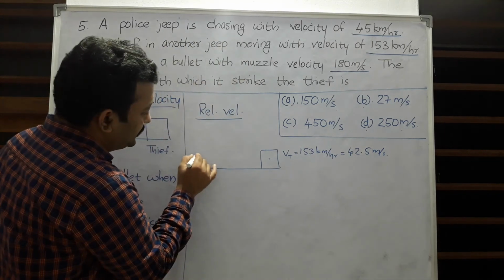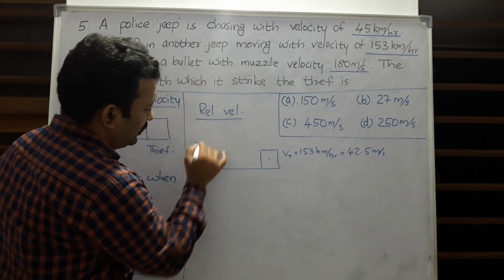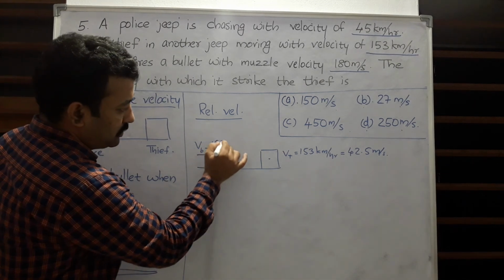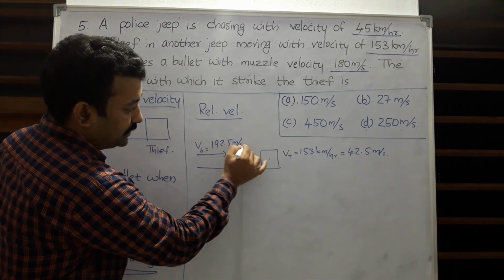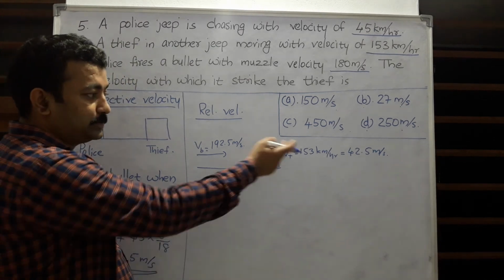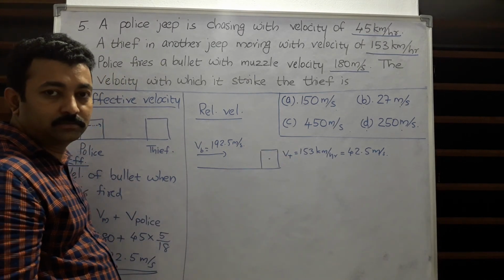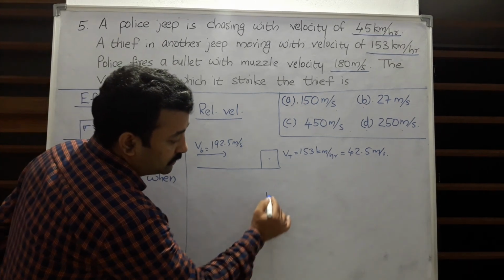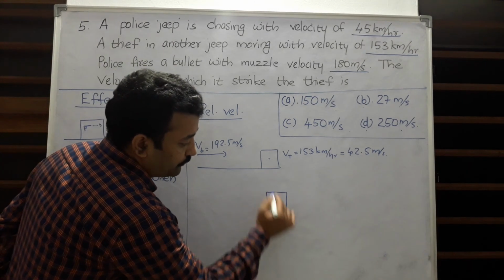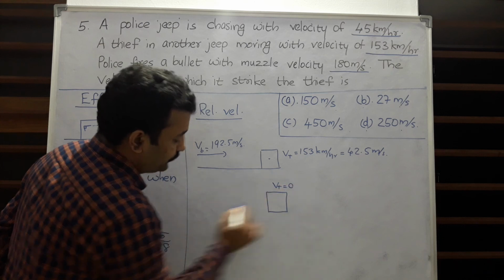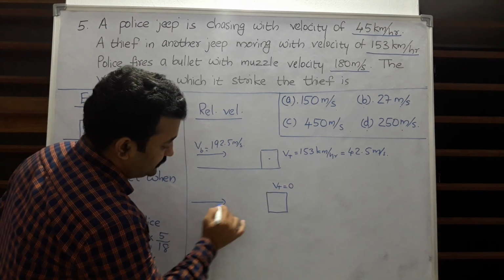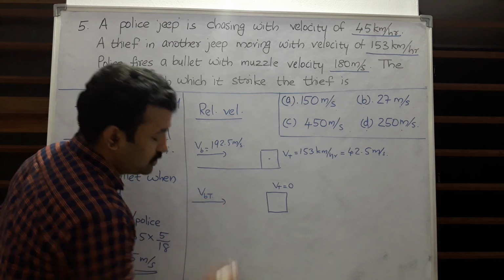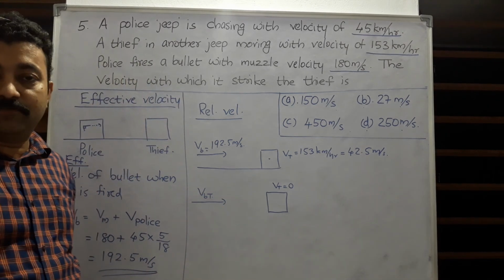A bullet is coming with a velocity of 192.5 meter per second. With what speed will it strike? I'll take the thief to be at rest, so Vt is equal to 0, and the bullet is coming with the relative velocity of the bullet with respect to the thief.